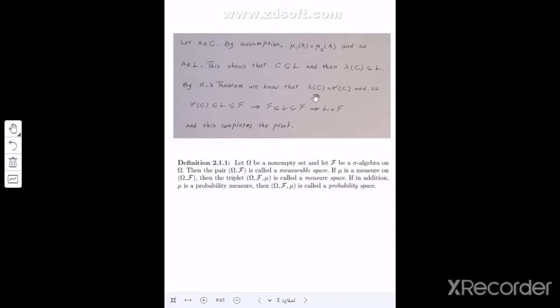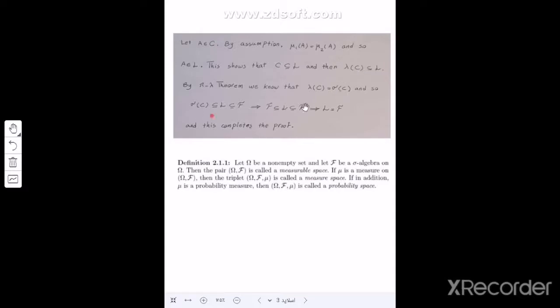Because C is a P system. The P lambda theorem says lambda of C is equal to sigma of C when C is a P system. So I write here sigma of C instead of lambda of C.